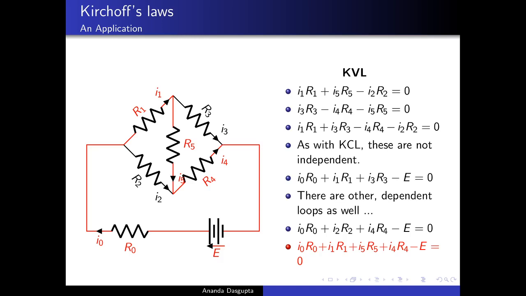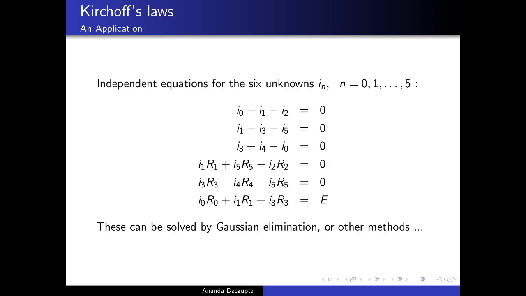But at the end of the day, you have 6 unknowns here, the 6 currents I0 to I5, and you can write down 6 equations, 3 using KCL, 3 using KVL, all independent of each other. That actually is a bit of a tricky thing, figuring out which ones are independent, which ones are not. And then you solve them all together using any standard linear algebra methods.